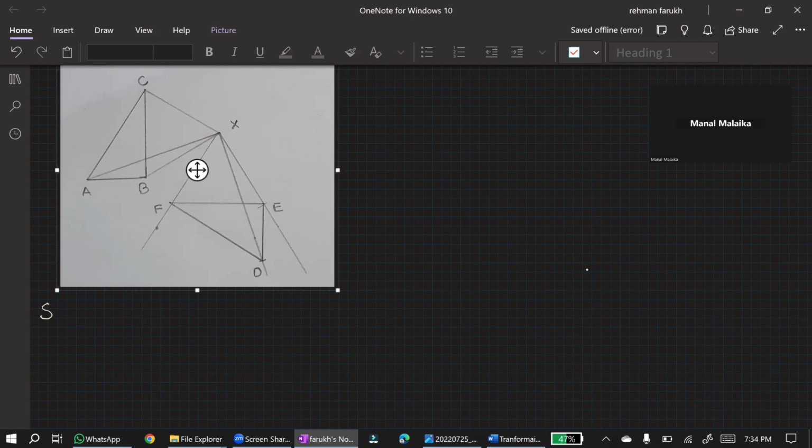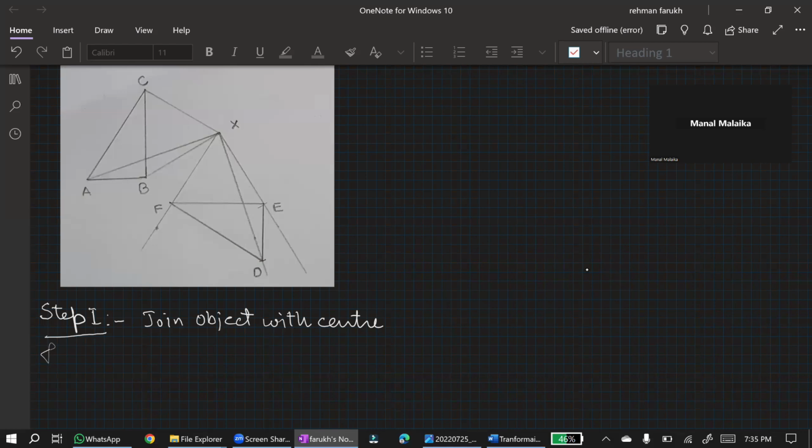Step number 1 is join the object, say A, with the center. The first step is this.